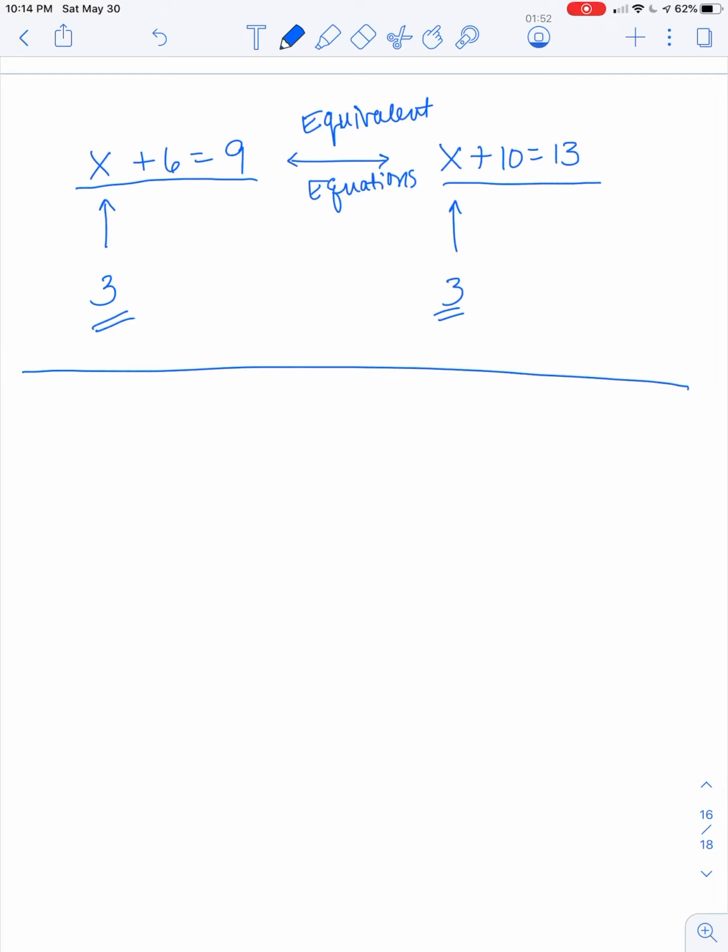Okay, so the next part of our lesson, we're going to be talking about the additive property of equality. Let me just write that right here. I'm going to show you an example first, and then we'll talk about what the property actually says. So if you have 2 equals 2, for example, that's an equivalent equation, right?